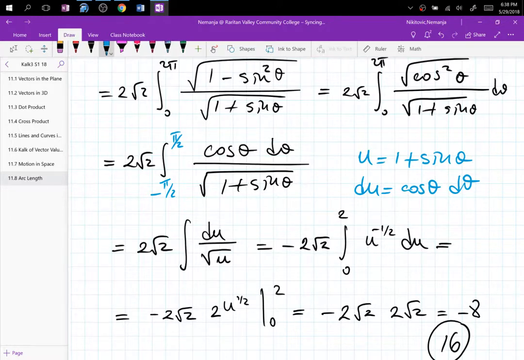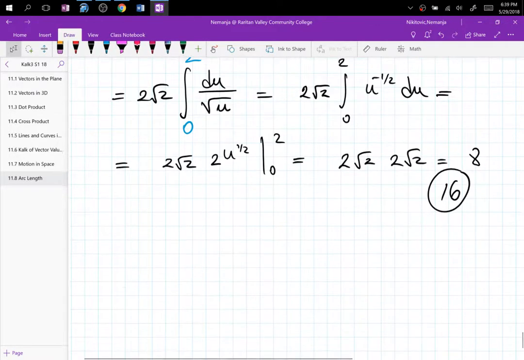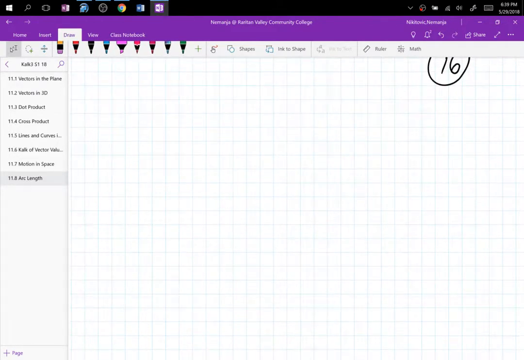Negative pi over 2, which is the bottom one, is going to give us negative 1, and that gives us 0. And the positive pi over 2 gives us 2. There is no need for this minus, and it's 16. There we go.